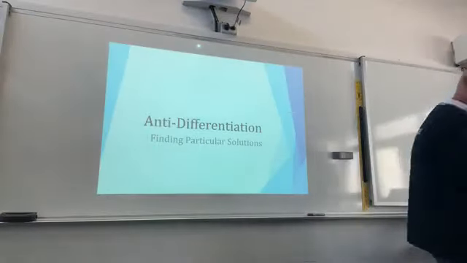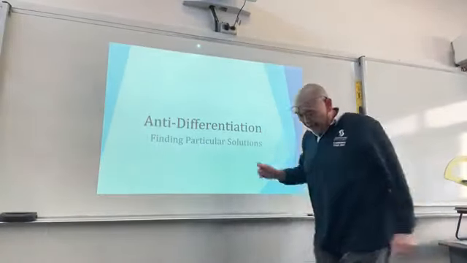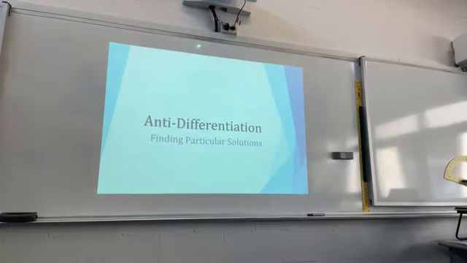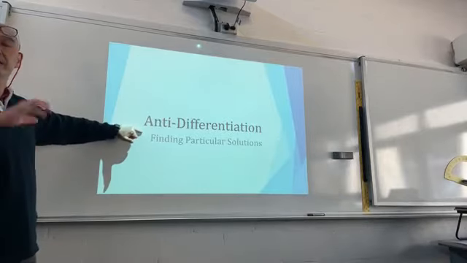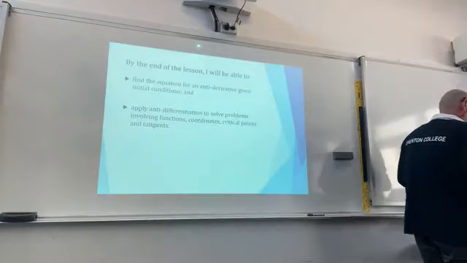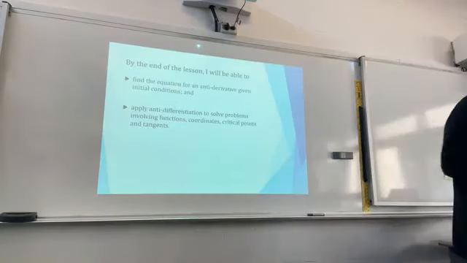So, today we are looking at particular solutions, which means you'll be given certain conditions. From that condition, you should be able to work out what the particular solution is, what is the original function.